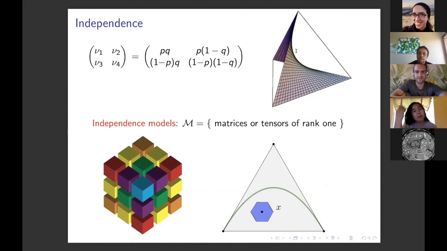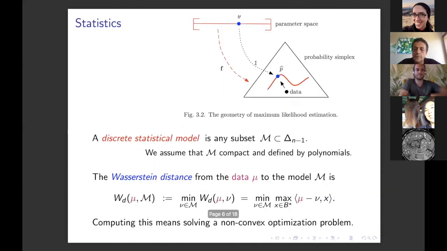Great. So Serkan and I had similar questions, I guess. So Serkan asks, how about Wasserstein distance to almost independence models? So for example, decomposable models, reducible models, or toric fiber products. Absolutely. So we focused on the case of independence models because those are the most simple and most straightforward models to look at.